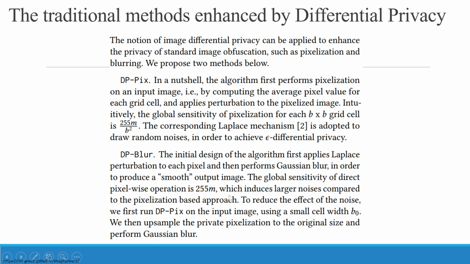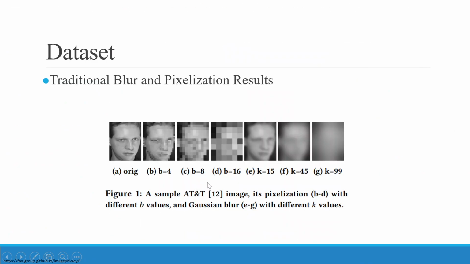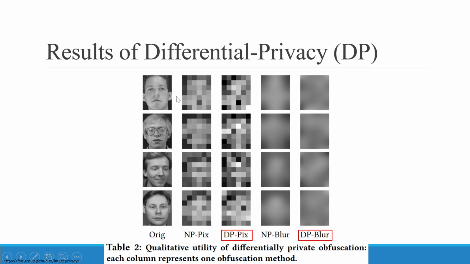Okay, so now we will try to apply differential privacy here, for these blur and pixelization methods.